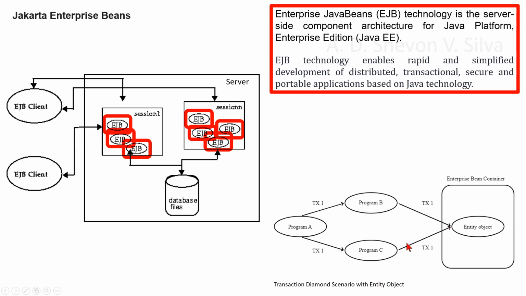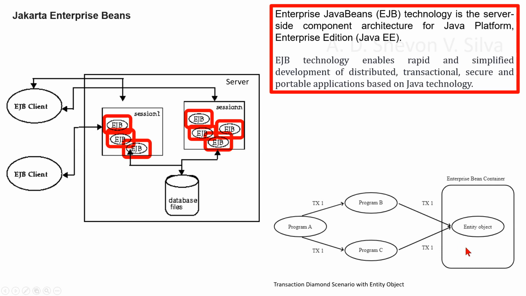This case is challenging because many enterprise bean servers implement the enterprise beans container as a collection of multiple processes running on the same or multiple machines. Each client is typically connected to a single process.